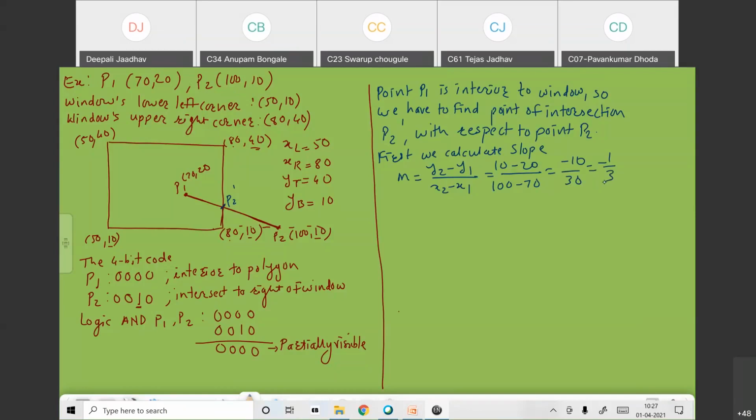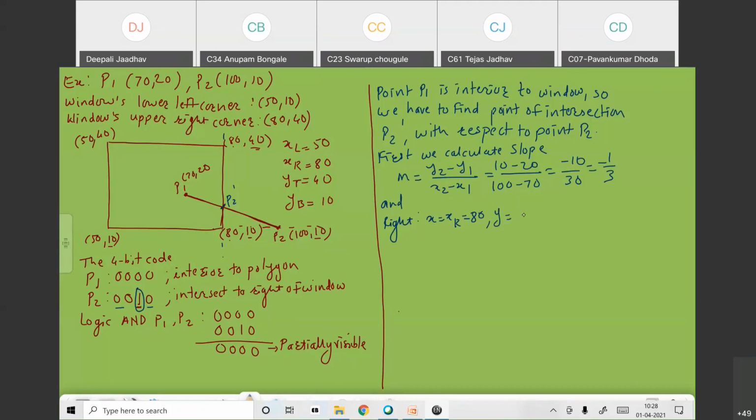And as I told, not necessary to see the equation for left, top and bottom, because the bit code for all these is 0. Only we are going to consider the right. And I write here the first equation for intersection at right. X is equal to XR, as it is the intersection to the right side, correct? So here XR, what is XR? 80.